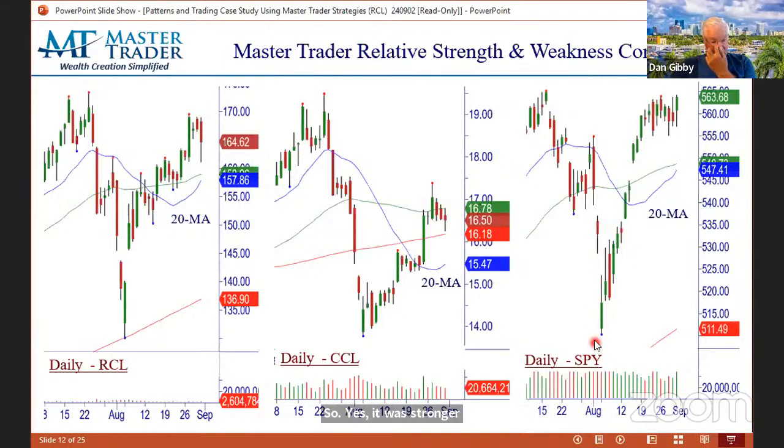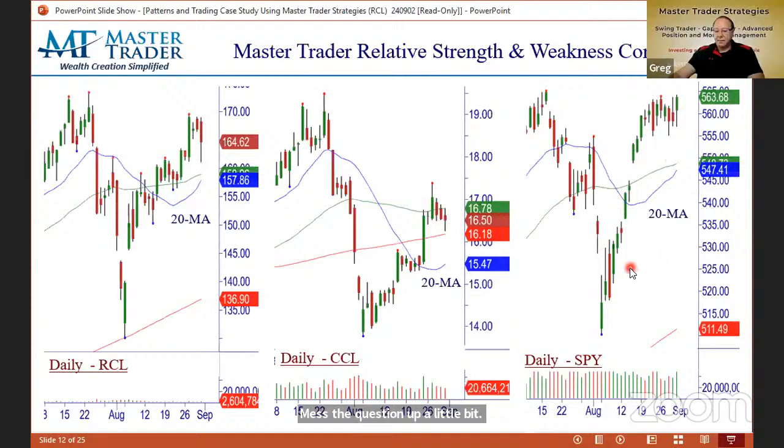The move from the low here to the low here was stronger than RCL, but this was clustering at resistance. There was no pattern here. It's a 100% retracement, no pattern at resistance. So this showed relative strength, both the CCL and the Spiders. I kind of took your thunder because I messed the question up a little bit. But anything to add?